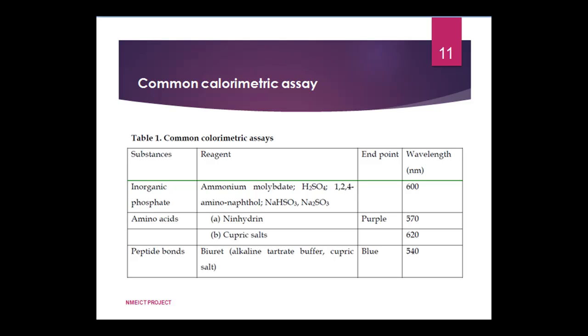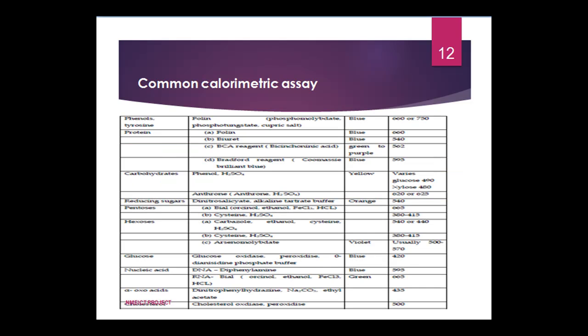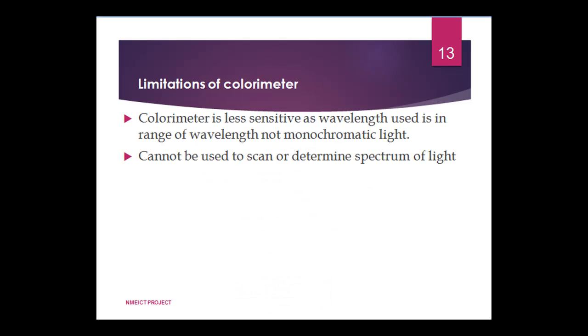Table 2 shows some of the widely used colorimetric assays in biochemistry for estimation of inorganic phosphate, amino acid, peptide bond, phenols or tyrosine, proteins, carbohydrates like reducing sugar, pentose, hexose, glucose, nucleic acids like DNA and RNA, alpha keto acids and other molecules like cholesterol. It is measured at a specific wavelength depending upon the endpoint of the reaction.